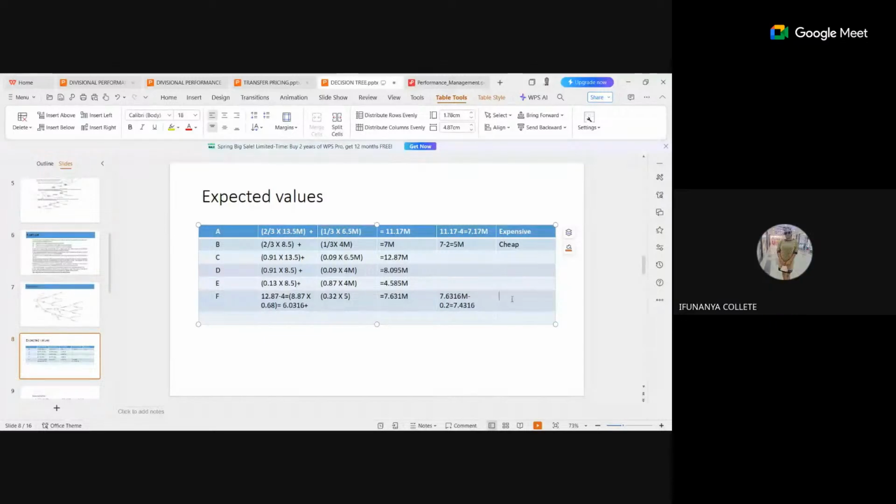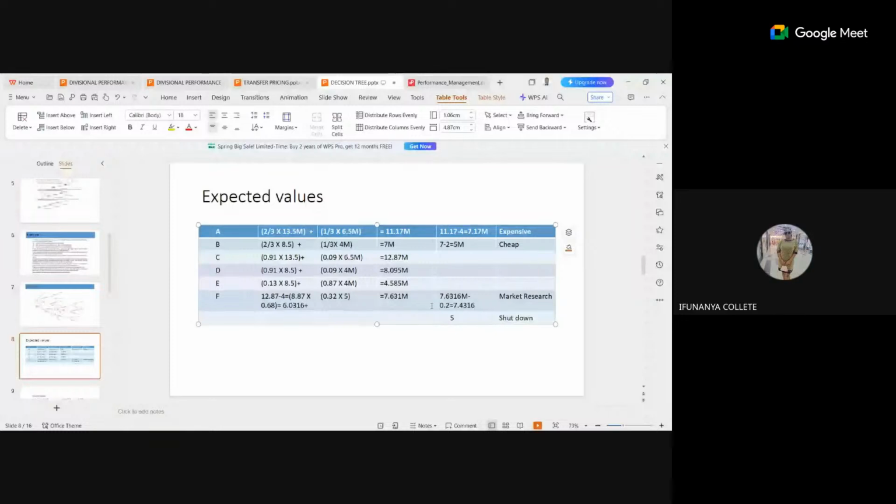This is market research, the outcome of market research. And shutdown is what? The value of shutdown is what? 5. Shutdown is 5 million. Now, we are to make a decision.